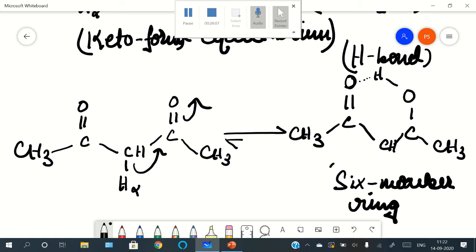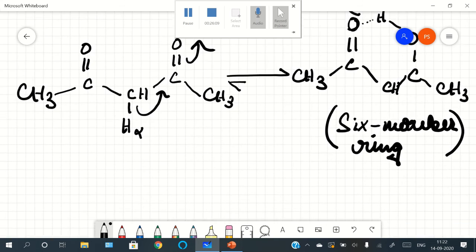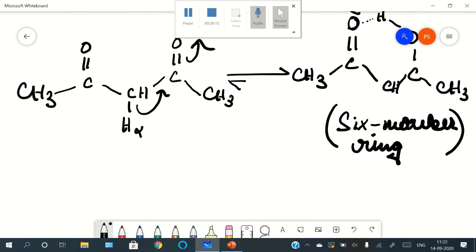We know that 6-member rings are extremely stable. That's why this enolic form is stable compared to the keto form.